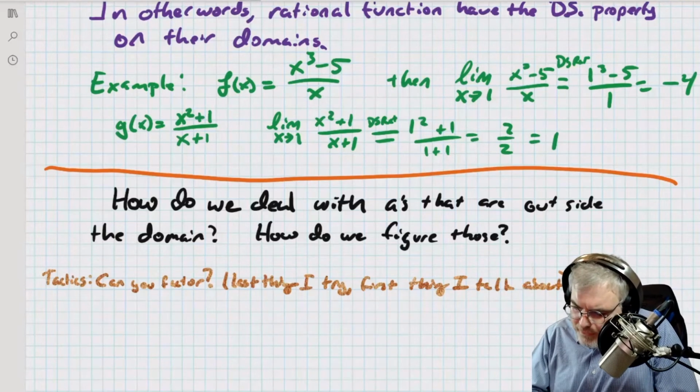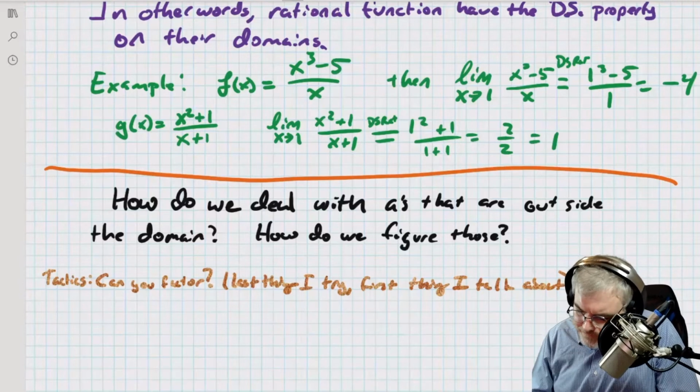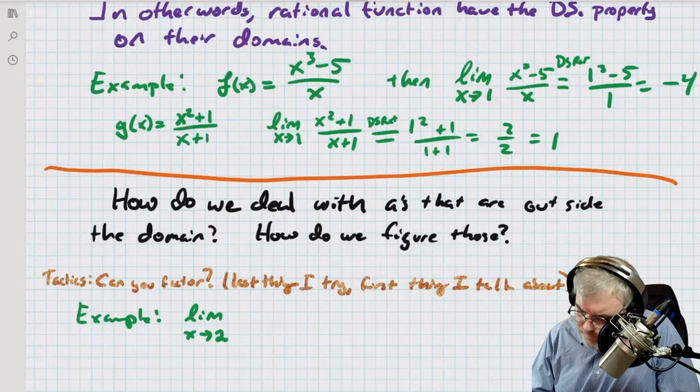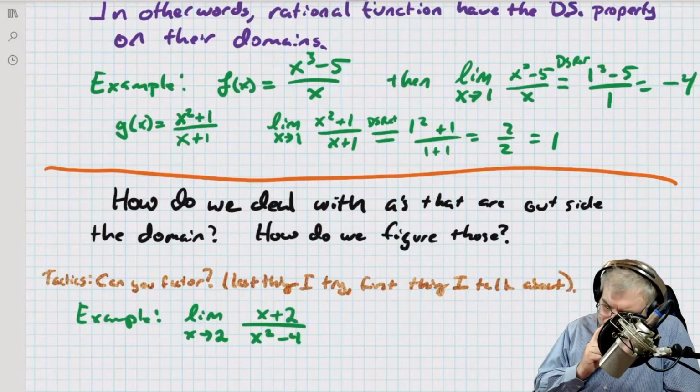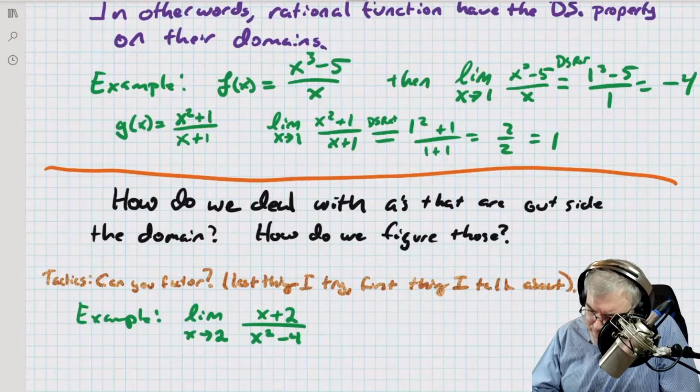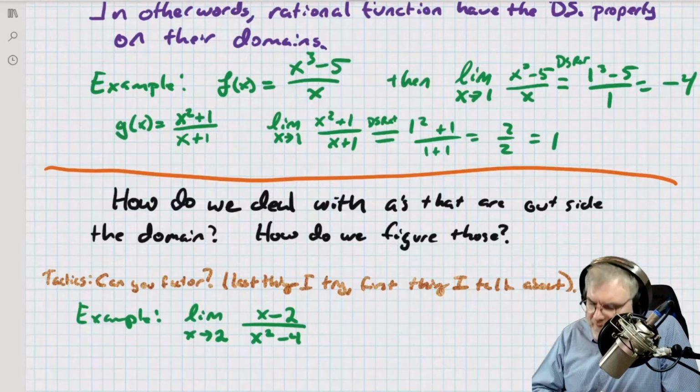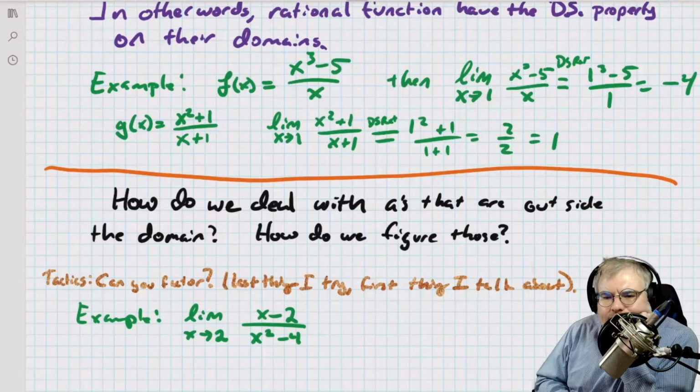So, let's do an example here. Let's do the limit as x goes to 2 of x squared minus 4 with x plus 2 on the top. Well, let's put x minus 2 on the top, just for the first one. We'll do x plus 2 in a moment.